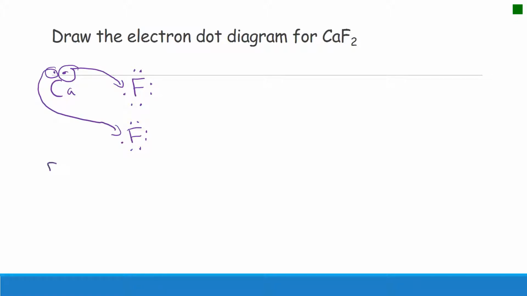This will result in calcium losing 2 electrons and becoming a +2. Now at this point in time, remember, it now has a full shell. Now we've got 2 fluorides, each with 8 electrons around it. And there we have our electron diagram.